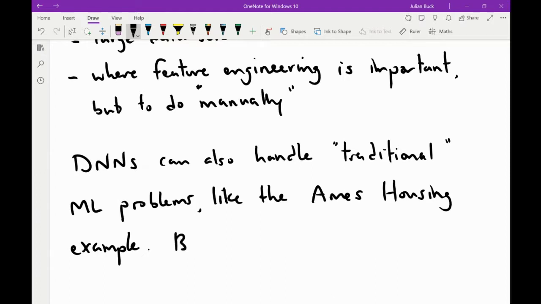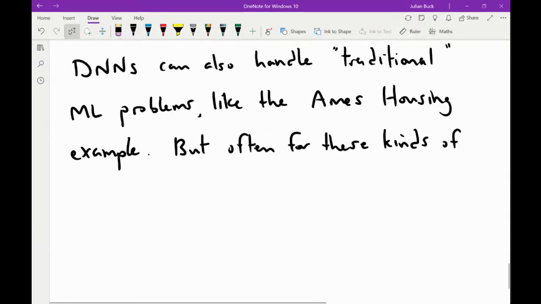But often, for these kinds of problems, so what do I mean by these kinds of problems?